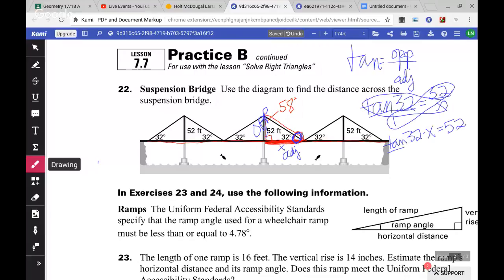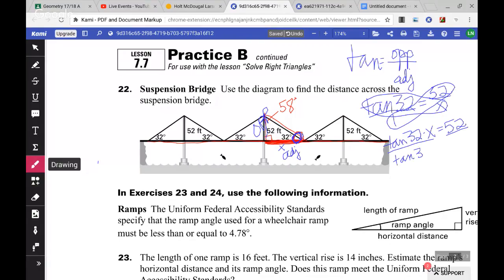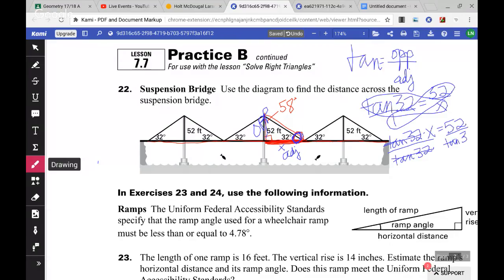Divide by tangent 32, just tangent 32, because we want to leave the X. We want these to cancel out, right? Because we want X by itself. So then divide by tangent 32 on the right. Okay. That's just calculator.